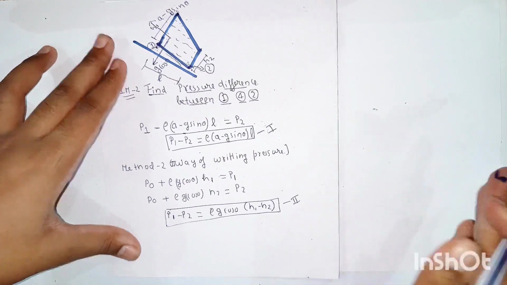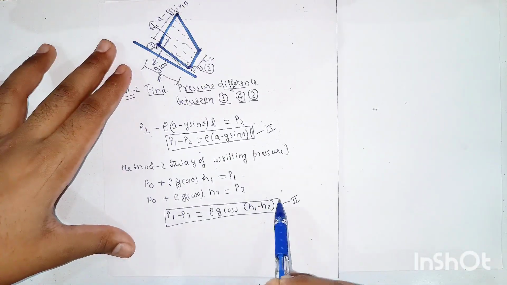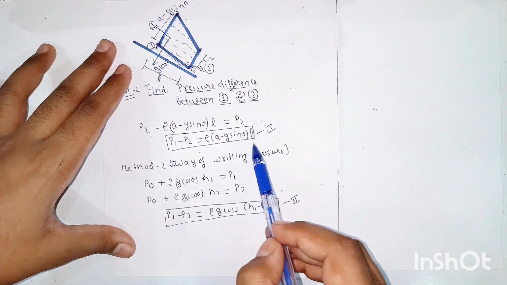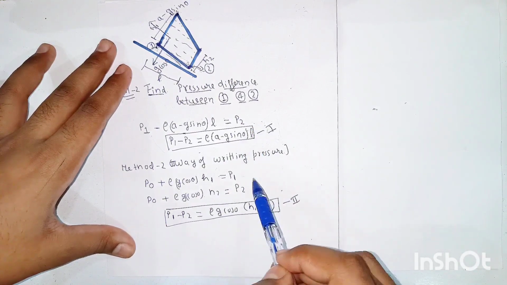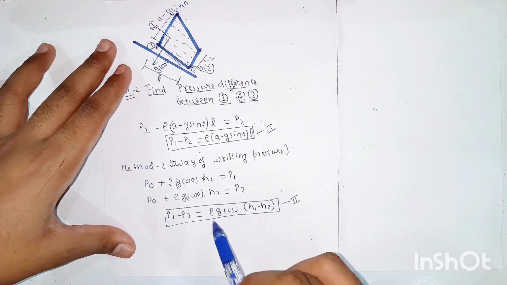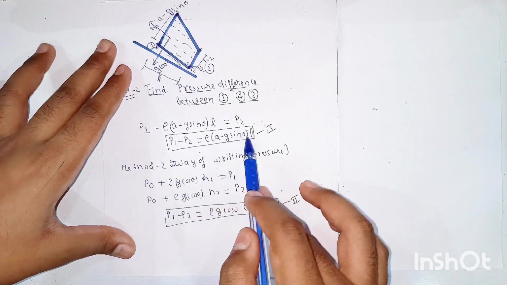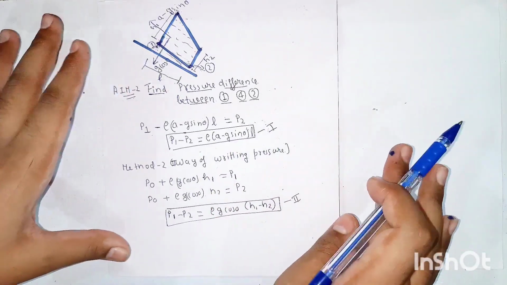So first you have to express h1 minus h2 in terms of L. You have to convert h1 minus h2 to L. This cos theta you have to remove anyhow to bring this term. So try to solve it.